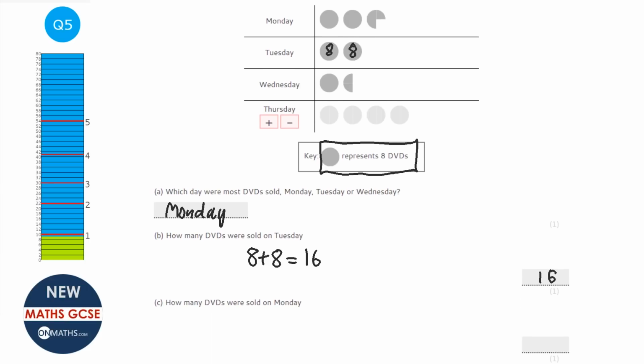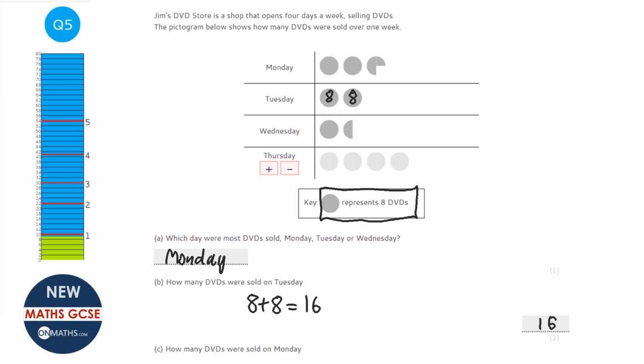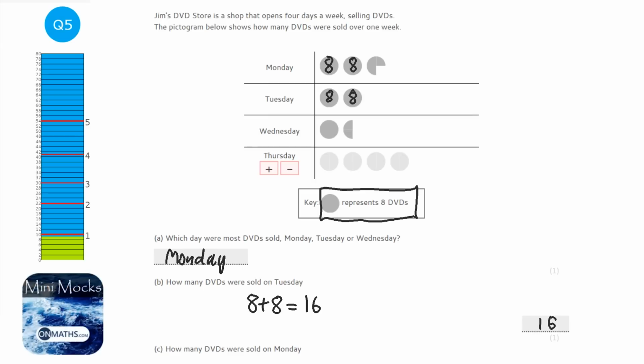It says how many DVDs were sold on Monday? Well, you've got the 8 there, and you've got the 8 there. Now we've got a bit of a problem here, because it's not a complete 8. So we need to figure out how much each quarter is worth. Well, what do you times by 4 to get 8? Well, 2. Let's check to see if that works.